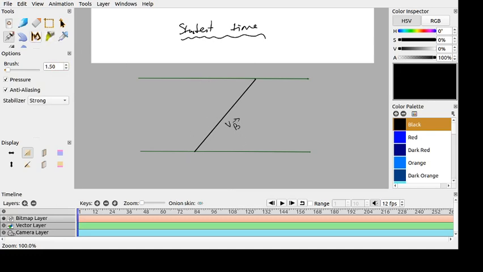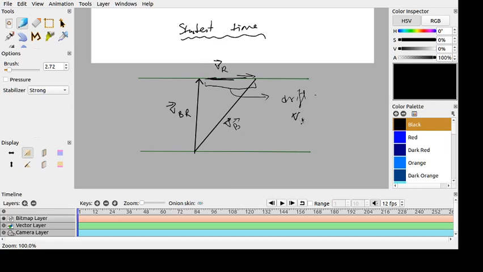This thing here is the velocity of the river, and this distance traveled is known as drift. The velocity of the boat in still water, that is the velocity of boat with respect to river, will be this one. This is your equation here. As you can see in this case, the actual velocity of the boat is more than the velocity of the boat in still water.